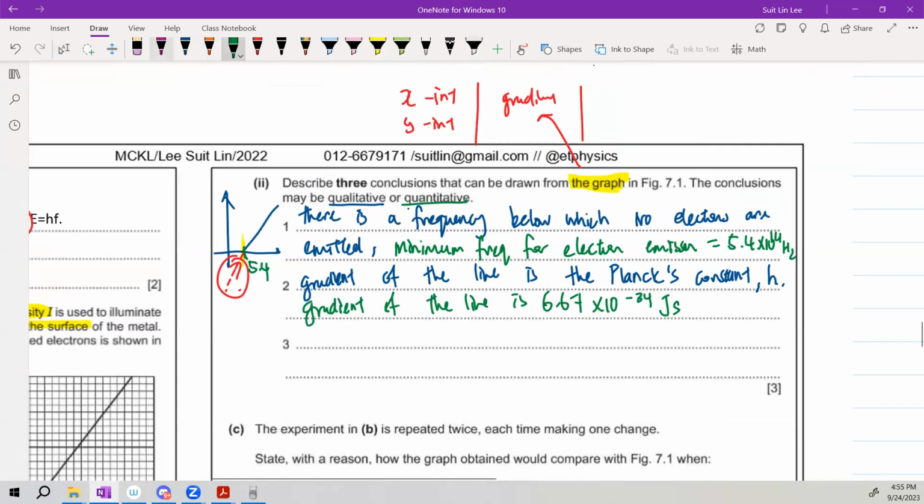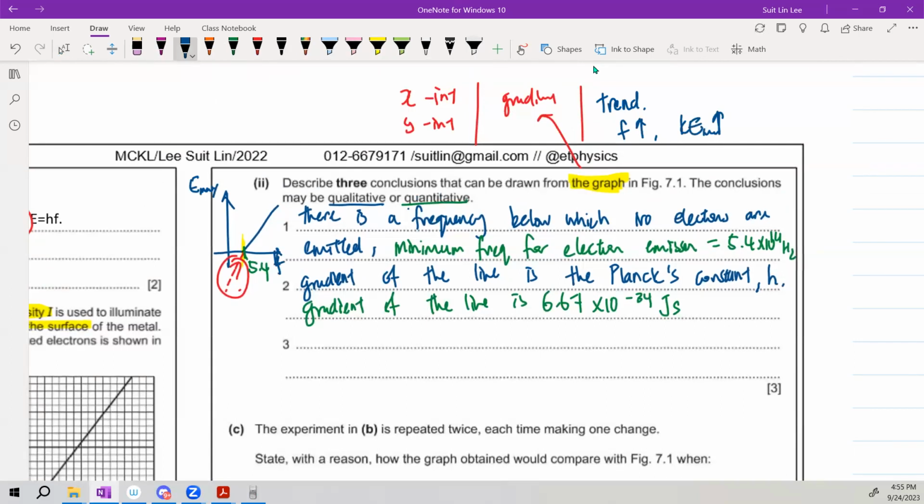The next thing we're going to look at is probably something to do with the trend. So from here, you can see as f increases, KE increases, or rather the Emax increases. Because the graph here is Emax and here is frequency, right?